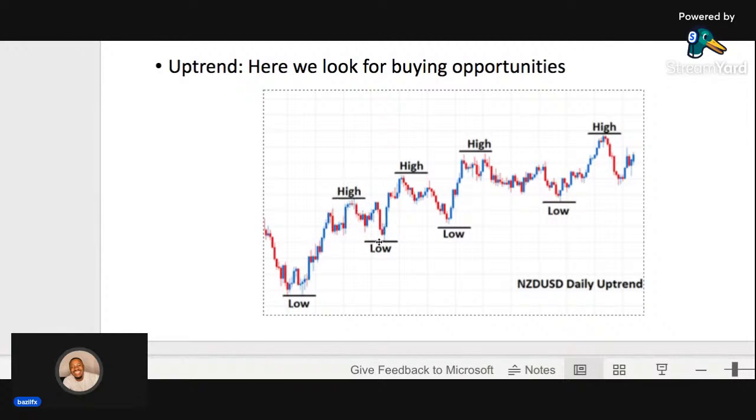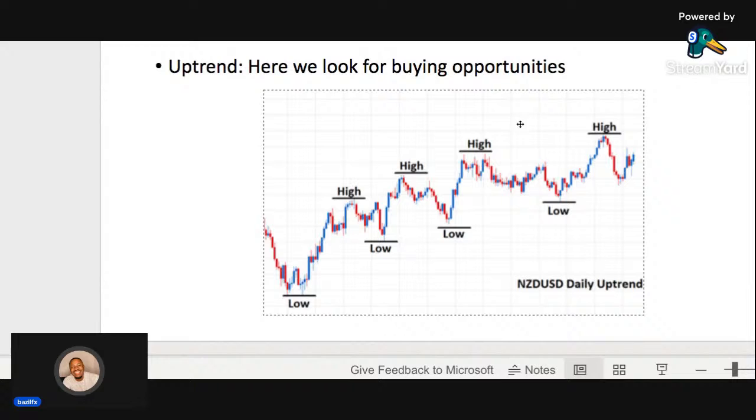It's going to find its support here and then go back up and break the previous resistance, which will now become a support level. But again, it's resistance, support, resistance, support. This is how price goes up in an uptrend, guys.